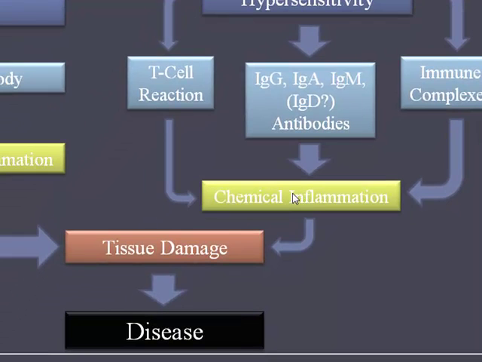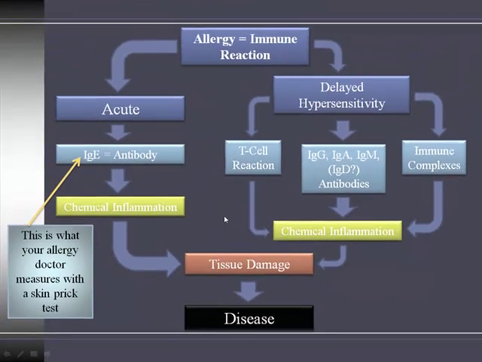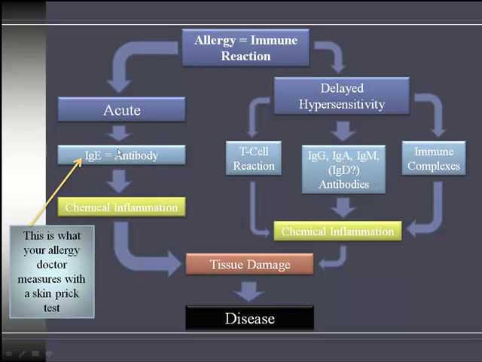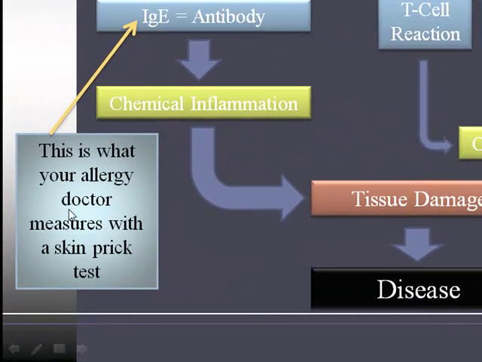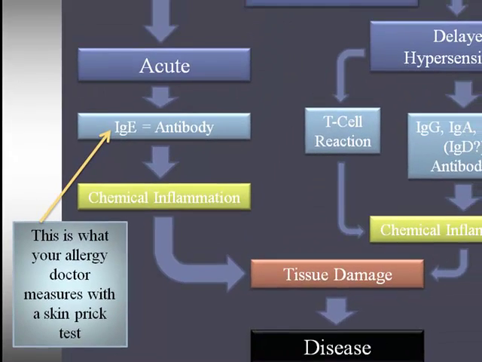Now, in terms of testing, we talked about the flaws in traditional testing for celiac disease and gluten sensitivity. Well, when we look at IgE, we do what's called a skin prick test. This is what your allergy doctor will do. If you go into the allergy doctor, they'll put needles in your back and they'll measure inflammatory response to different agents. And so this is measured by using IgE.